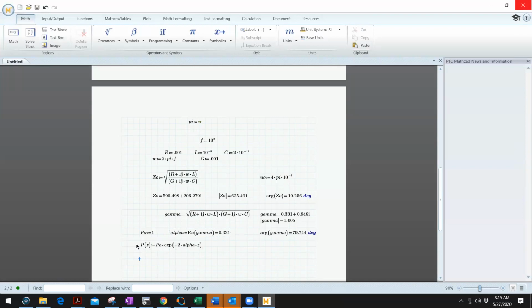Now, if I look at this equation, I know that P of 0 is just 1, because I made it that, right? That's the initial power. And you want to figure out how far down the line you have to go to get 1/3 the power. That means what you're going to do, and here is where I'm going to go to my camera. I hope that this works all right.